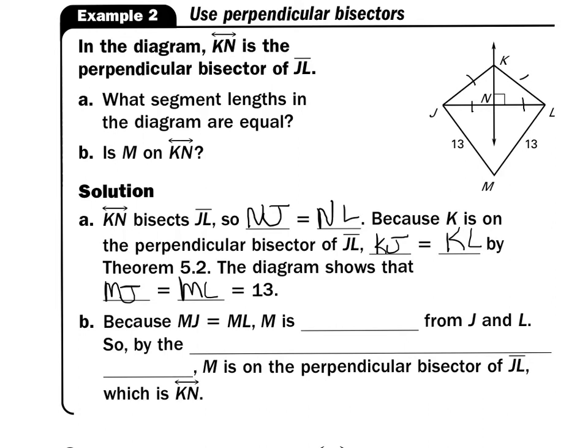Because MJ is ML, M is equidistant from J and L. So, by the converse of the perpendicular bisector theorem, M is on the perpendicular bisector of JL, which is KN.